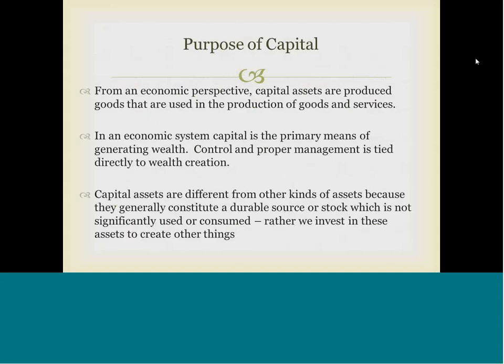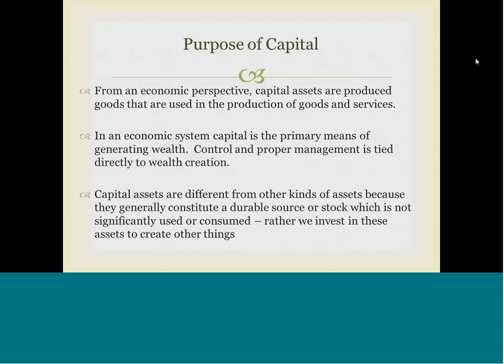So from an economic perspective, capital assets are produced goods that are used in the production of goods and services. So in an economic system, capital is the primary means of generating wealth. Control and proper management of capital is tied directly to wealth creation. Capital assets are different from other kinds of assets because they generally constitute what we call a durable source or stock, which is not significantly used or consumed.